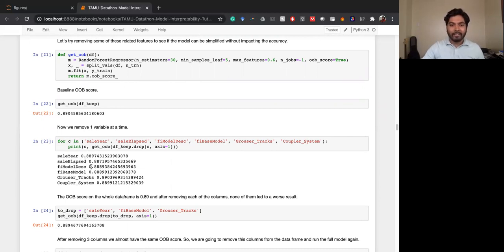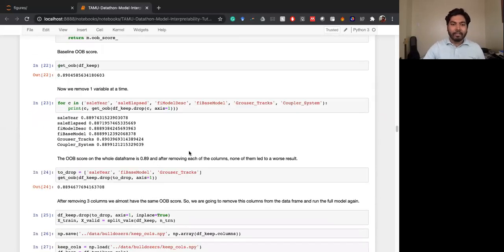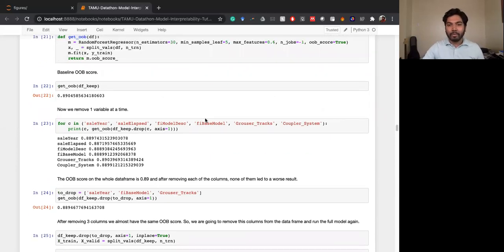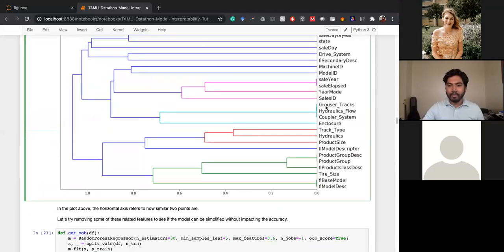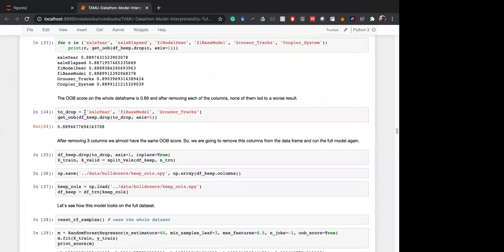You can see that the R squared score is pretty similar in this case, hovering around 0.88, 0.89. So we can safely drop one of the features from these groups. That's what I do here.